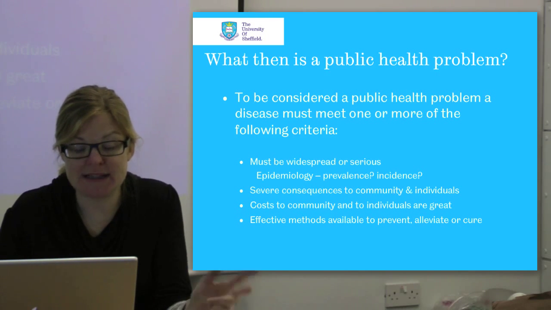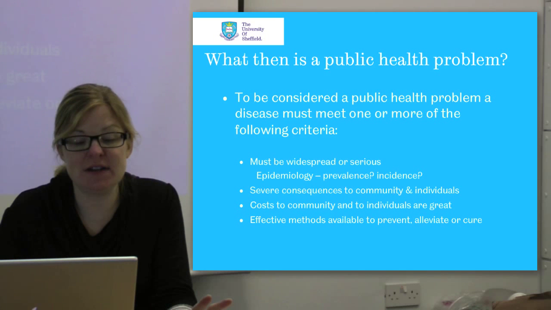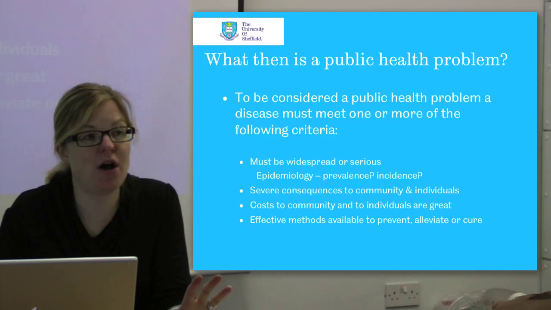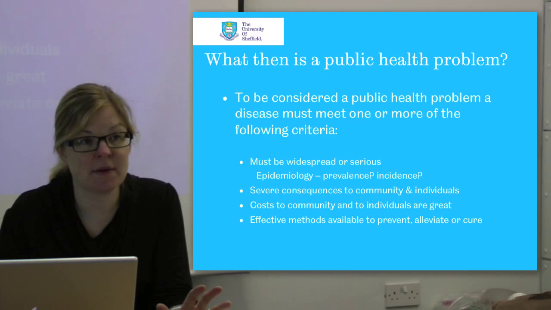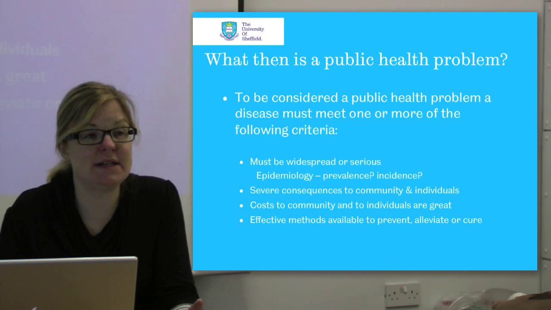The third one is about the cost to the community and the individual. Usually this is in terms of financial costs. The cost to the community might be how much it costs to treat the disease.